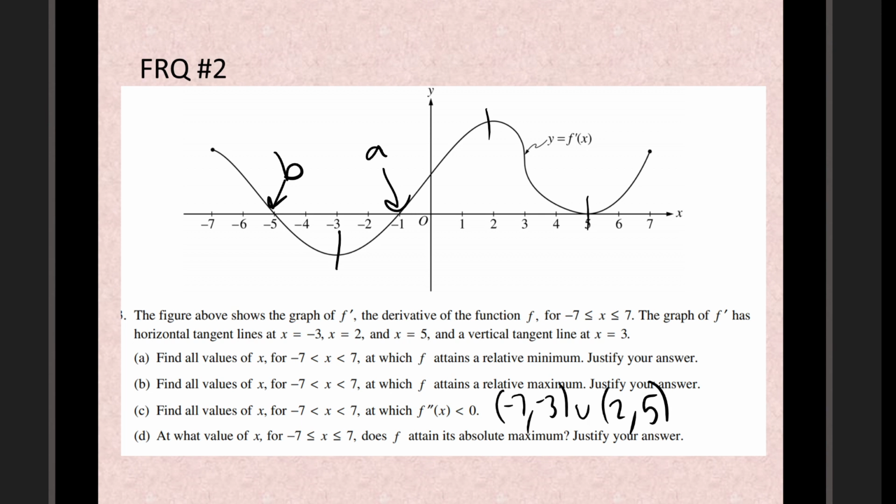And last one, at what value does it attain an absolute maximum? We start off at some value at -7. It doesn't even actually matter what it is. We go up for a little bit, so this is a possible choice, since this was our relative maximum. Then we go down for a little bit, so it's definitely not at A that we attain our maximum. I'm looking at area under the curve to look at the change in the value of f, which is where I find absolute maximum.